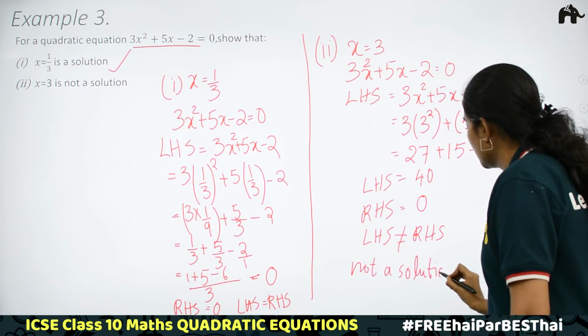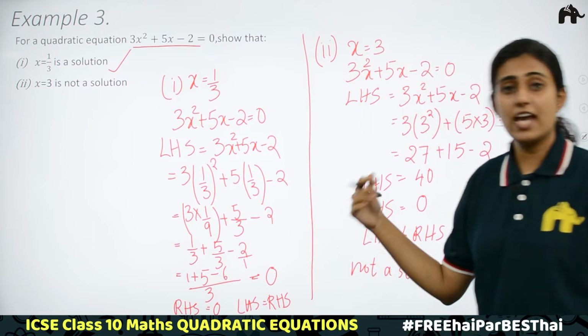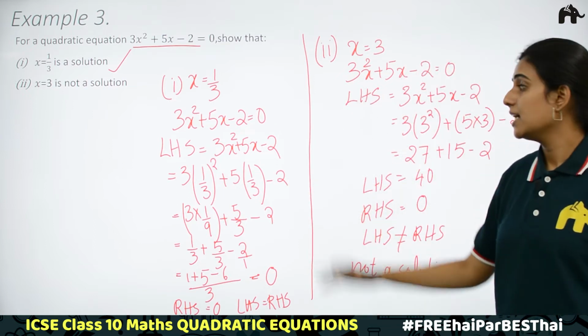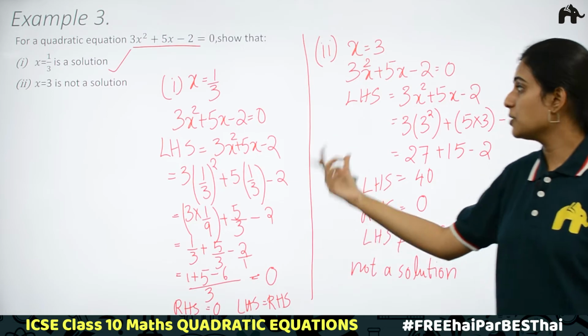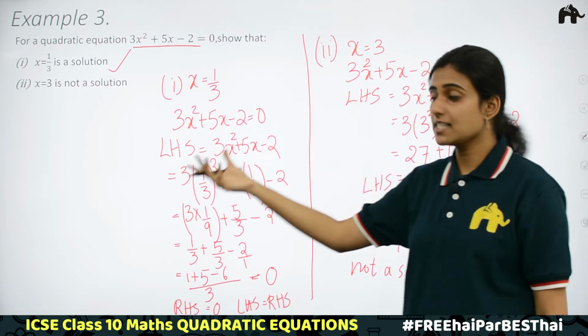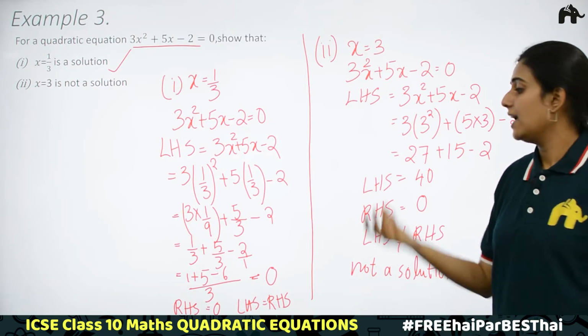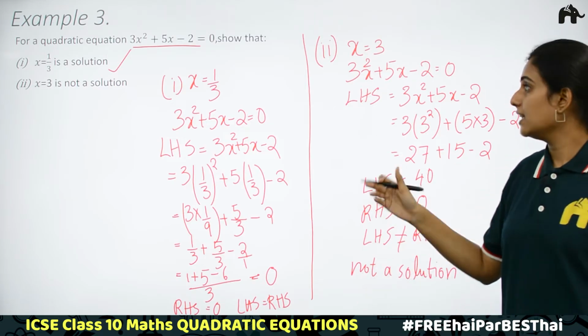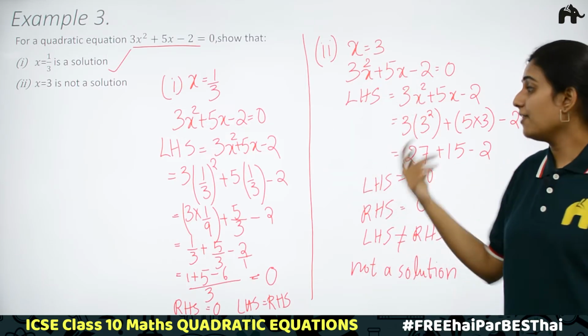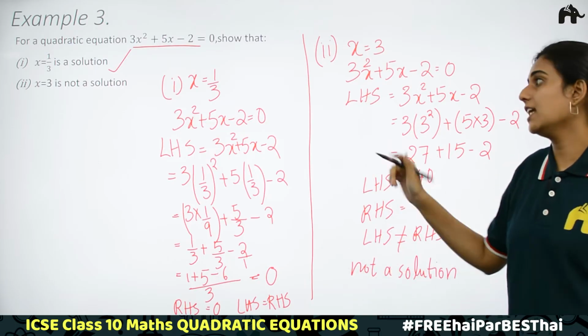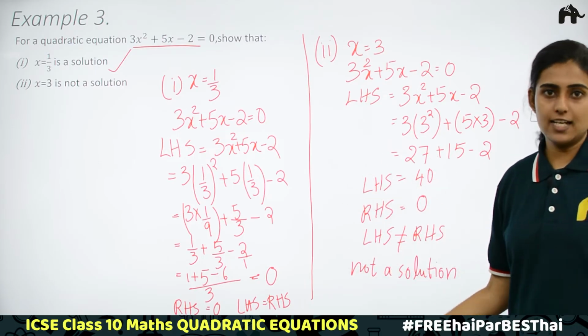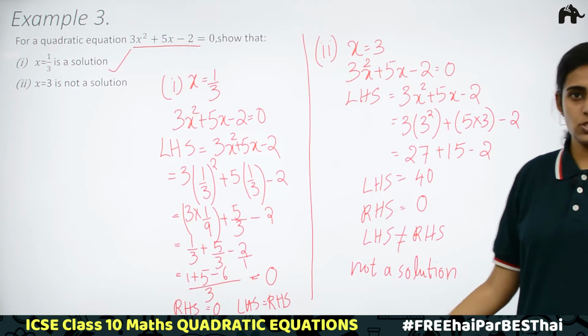Clear? In both the cases, we have done the same steps. Take the LHS, substitute the value of given x and find if LHS and RHS are equal. If LHS is equal to RHS, then it is a solution. If LHS is not equal to RHS, then it is not a solution. Clear? Let's move on to the next question.